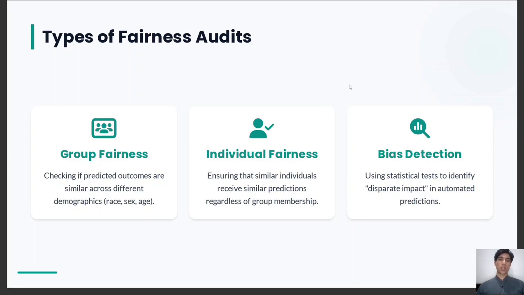And bias detection is using statistical tests to identify disparate impact in automated predictions. So these are the types of fairness audits that we run against our models to make sure that there is no bias against a certain demographic or certain group of people.